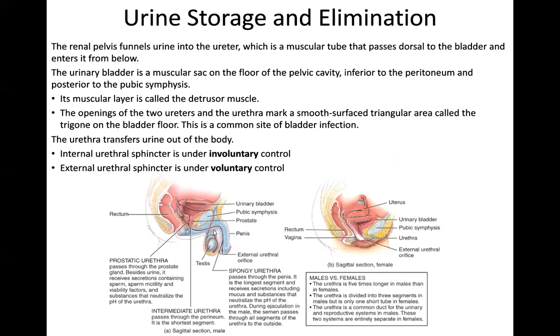It is a structure that carries semen and sperm, seminal fluid and sperm, for reproductive purposes. So we'll get into that again in our next lecture, whereas the urethra in a female, strictly urinary in function, and is a completely separate structure from the vagina, despite the fact that those terms kind of get used interchangeably. They're definitely not the same thing.